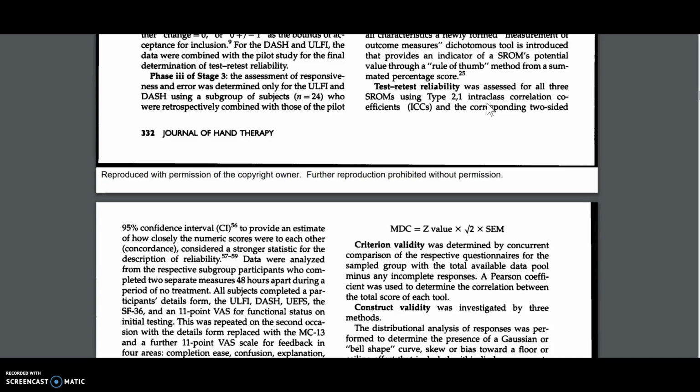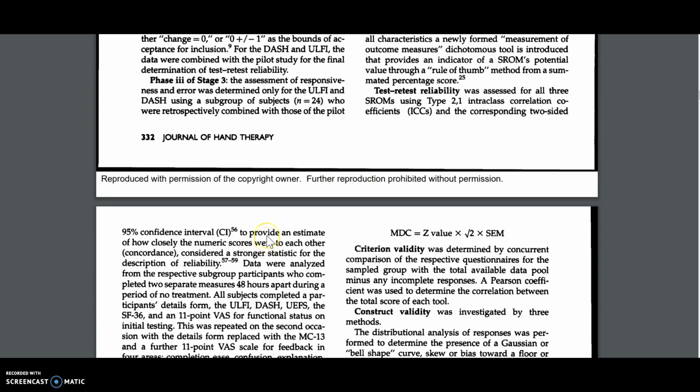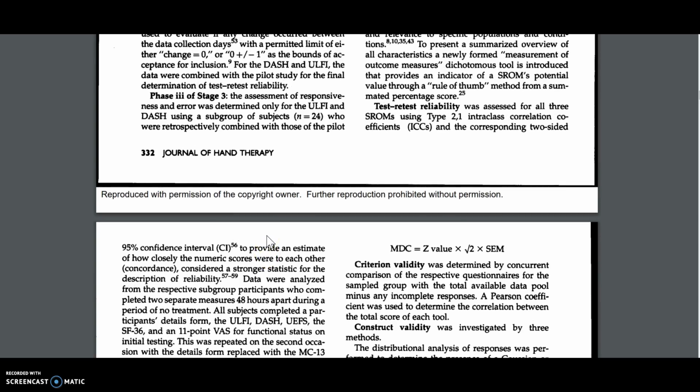And to do so, they also use a 95% confidence interval. Now we know what a confidence interval is, so I won't go into detail about that, but just remember, a confidence interval is the range of where the true score lies. So they talk a little bit in that section about how they assessed test retest reliability.